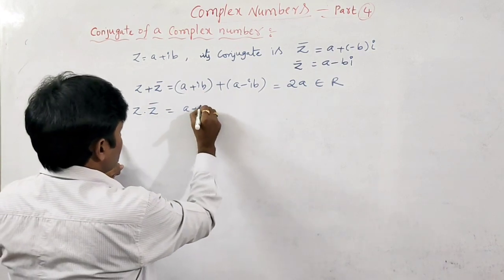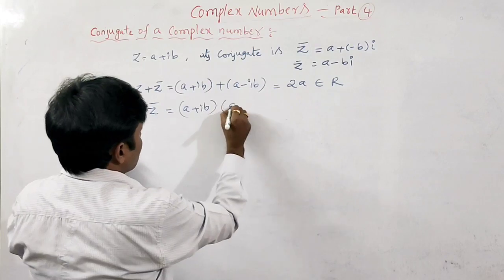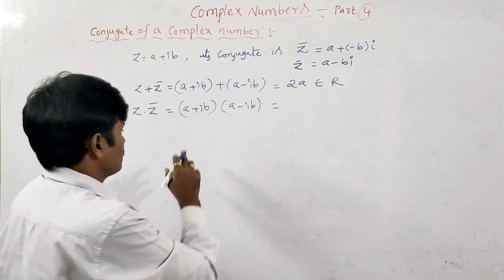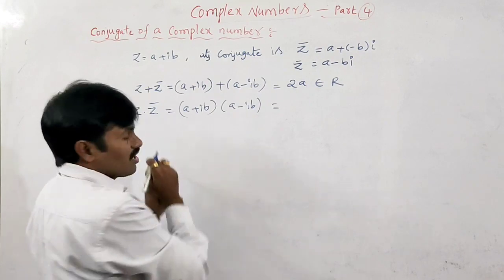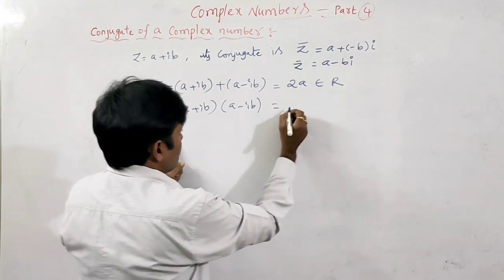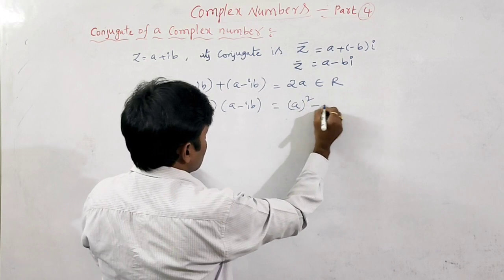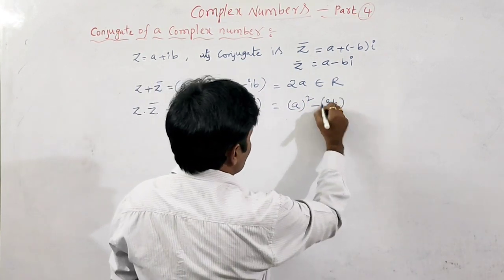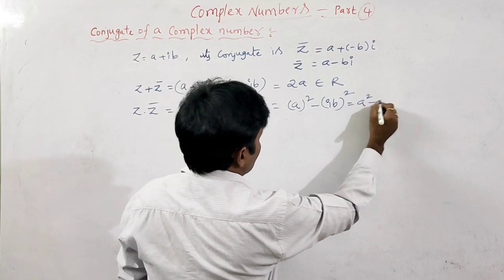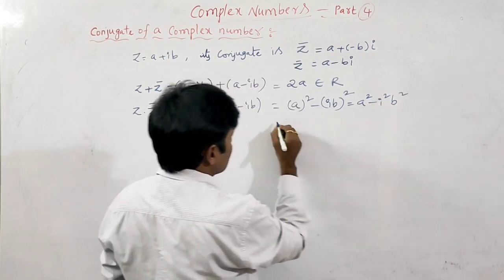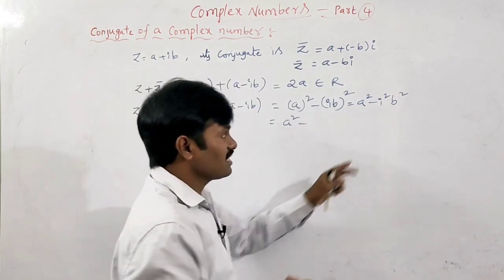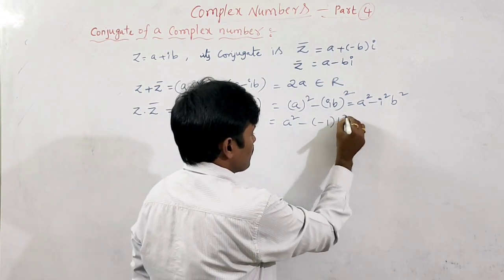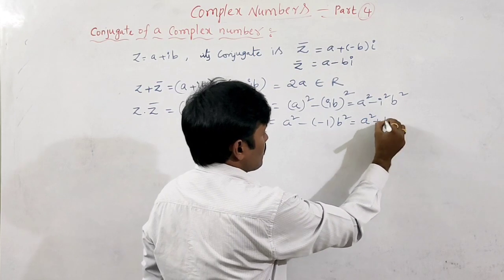And find out the product z into z bar, where z is a plus ib and z bar is a minus ib. That means z into its conjugate is a plus ib into a minus ib, which is in the form a plus b into a minus b, a square minus b square. So this can be written as a square minus i square b square. We know that the value of i square is minus 1. So minus of minus 1 into b square, and the result is a square plus b square.